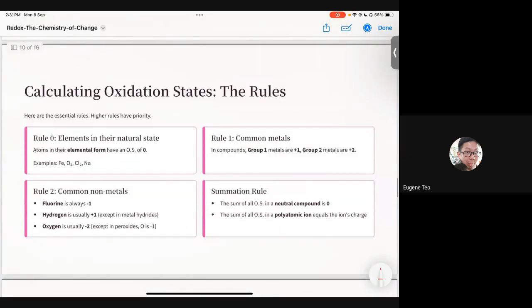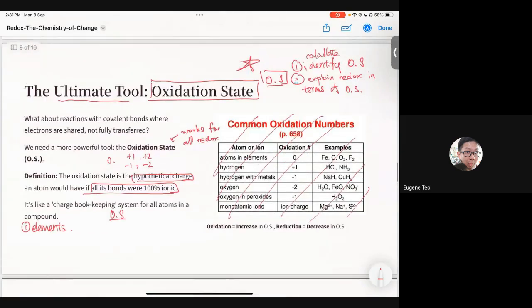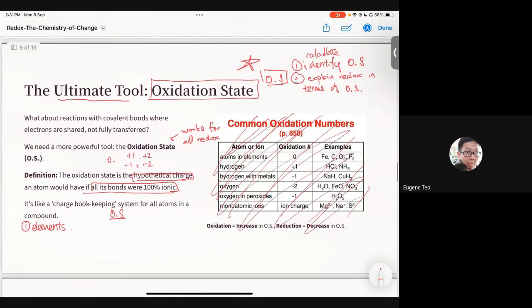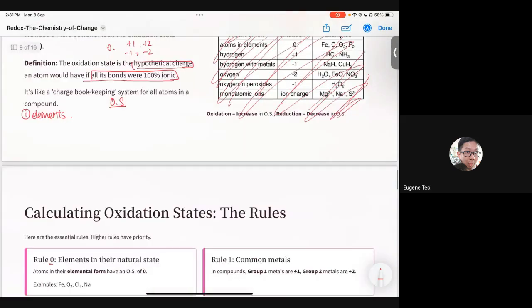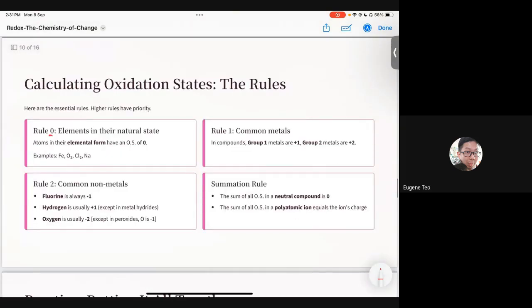Let's have, sorry, rule 0. I realize the rules are here. So just cancel this one out. We will go through them in the bottom parts. Rule 0. So to calculate oxidation states, let's look at rule 0. I will always start off with the rules in numerical order.